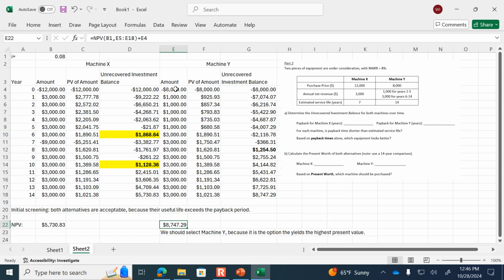So this is another tool in our toolbox to allow us to screen for the suitability of alternatives, and sometimes people want to know, how long does the item have to be owned before it's all paid off? And so you'd want to be careful, if you don't have a warranty for the equipment over its useful life.